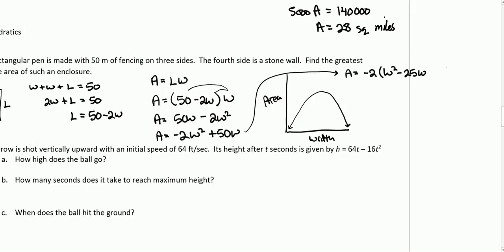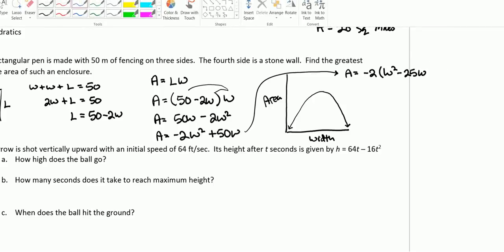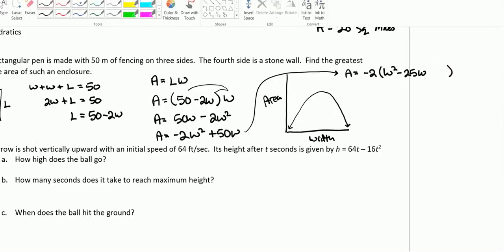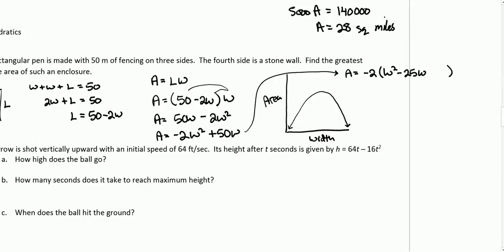So then we want to complete the square here. We take half of the negative 25 and square it. So we're going to get 25 times 25, which is 625, over 2 times 2, which is 4.